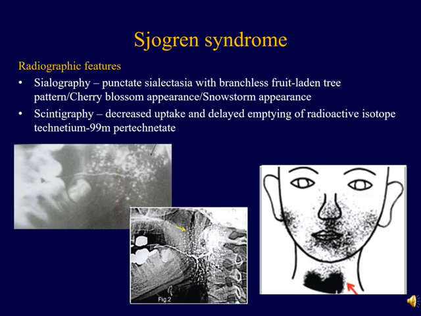Punctate if it is less than 1 mm, globular if the collections of the contrast medium are between 1 to 2 mm, and cavitary if they are more than 2 mm in diameter. The appearance of the contrast medium in the intraglandular structures may take a branchless fruit-laden appearance, a cherry blossom appearance or a snowstorm appearance.